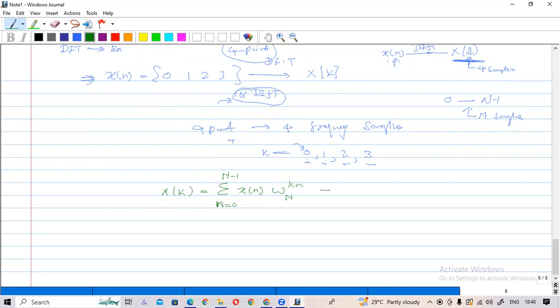So this is the identity. You know that W_N^{kn} is equal to e to the power minus j 2 pi by N, into kn. So this is the definition of W_N^{kn}.